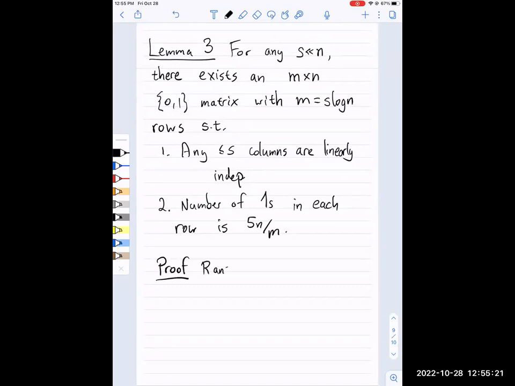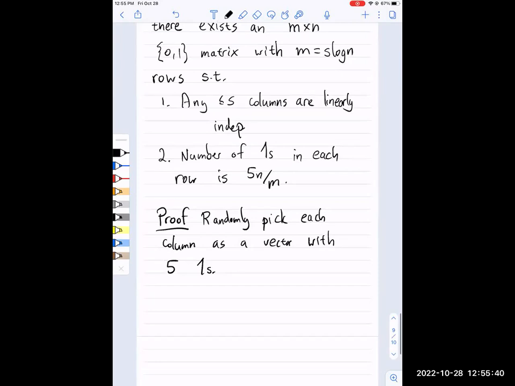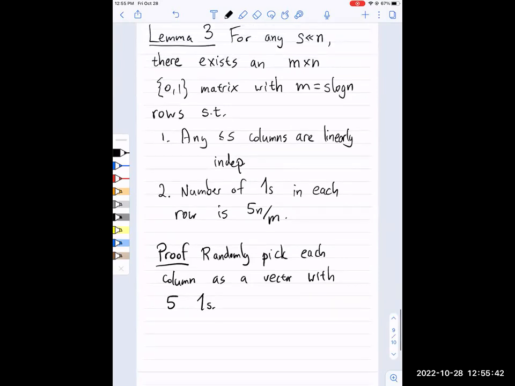Basically just randomly pick each column as a vector with 5 ones. Again, 5 doesn't matter. You can probably do it with 2. And I'm hiding some small details, but that's the idea.